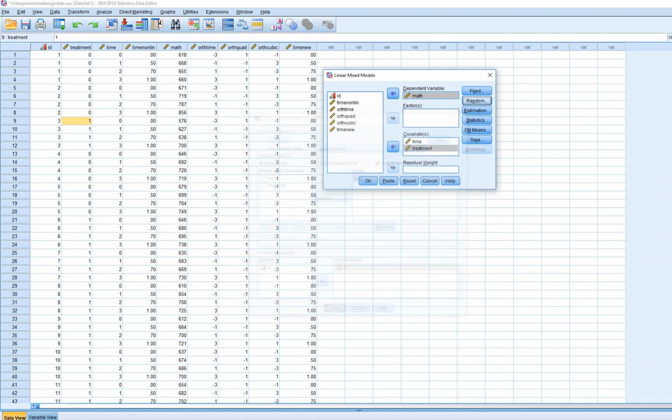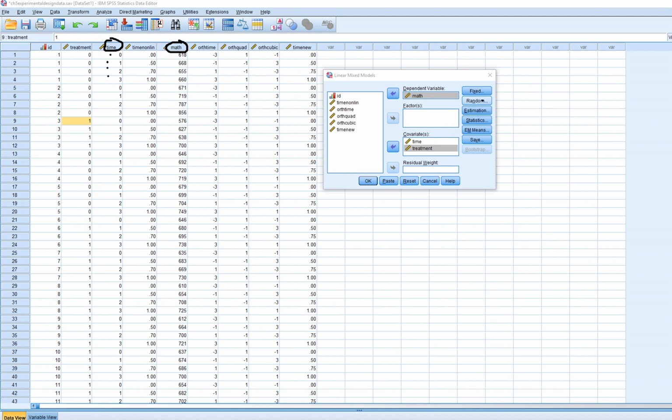Keep in mind that in this particular demonstration, we are essentially treating the growth in students' math scores as following a linear trajectory. The fact that we're incrementing time by 1 unit means we're modeling linear growth trajectories.